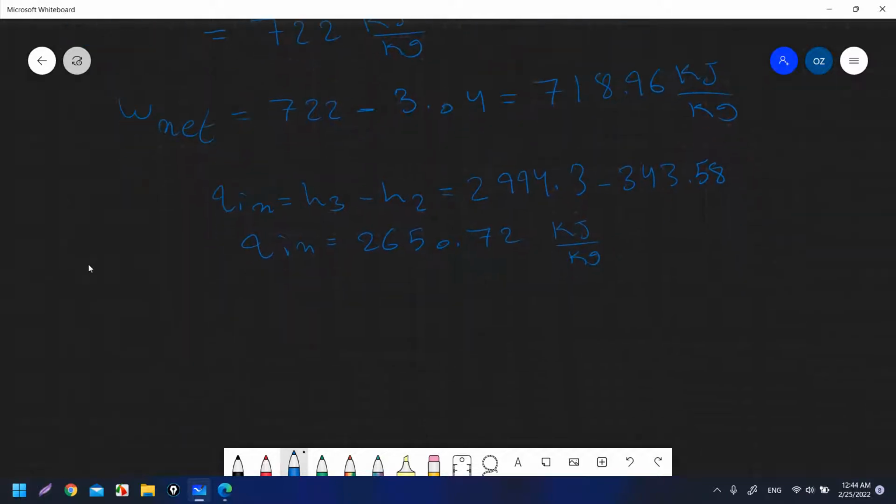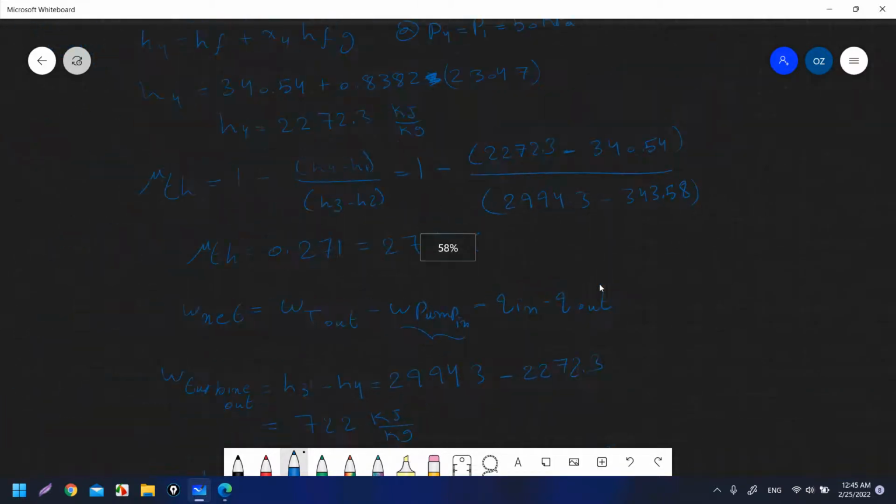For Q out, H4 minus H1 will give you 2272.3 minus 340.54, and this will give me that Q out is equal to 1931.76. And as you can see, the highest value between W turbine, pump, Qn, and Q out is Qn.